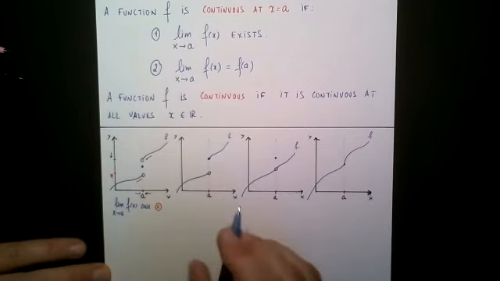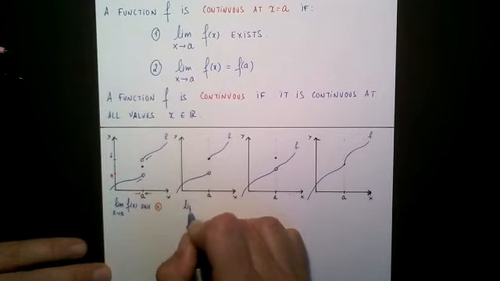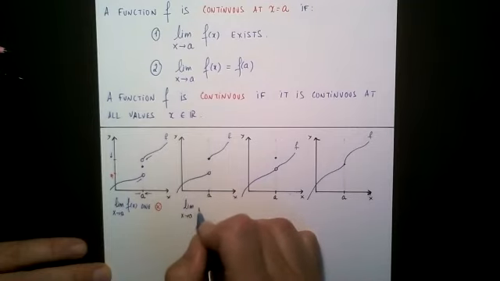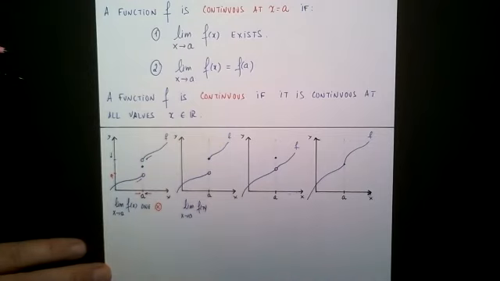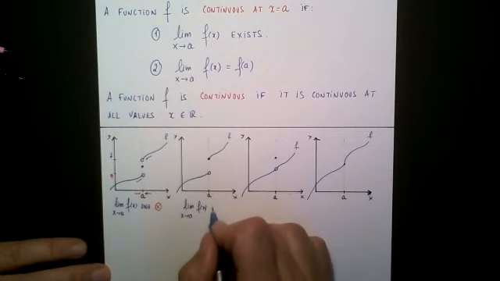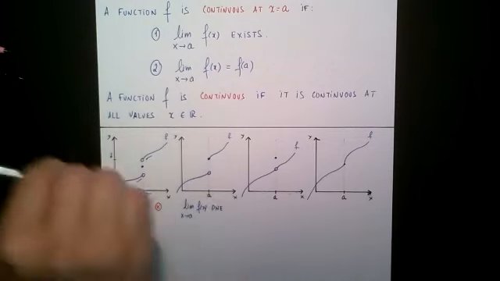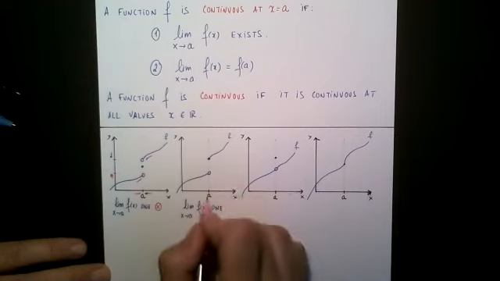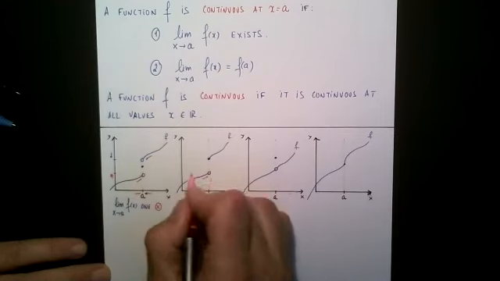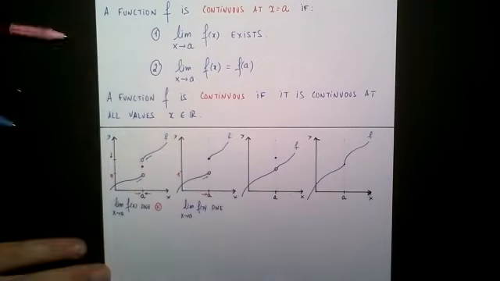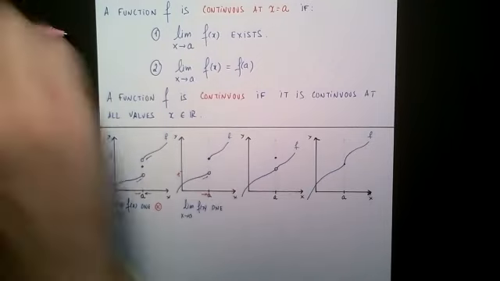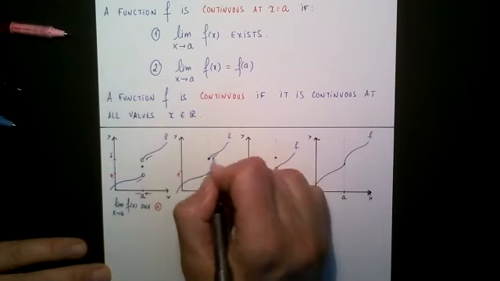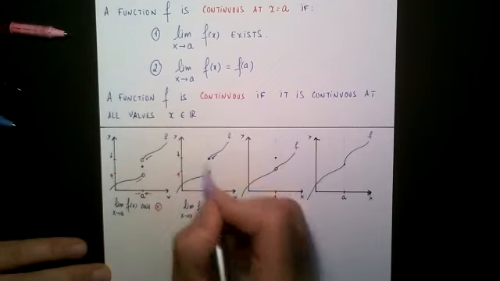Let's try this one. What about here, the limit as x approaches a of f of x? Does it exist or not? So it does not exist as well, for the same reason. If I'm approaching from the left, I'm approaching this place, and if I'm approaching from the right, I'm approaching this place, which is not the same place.